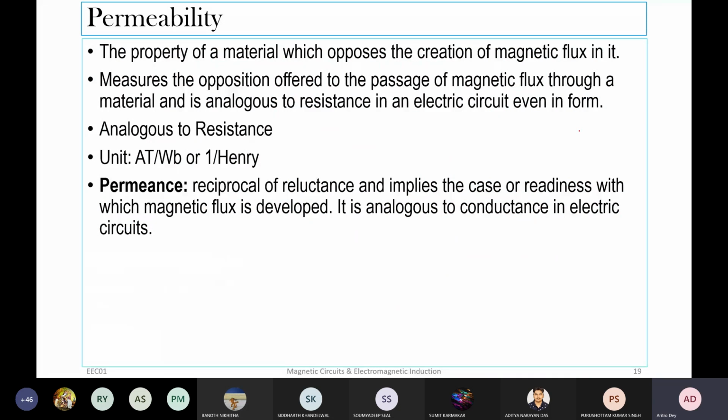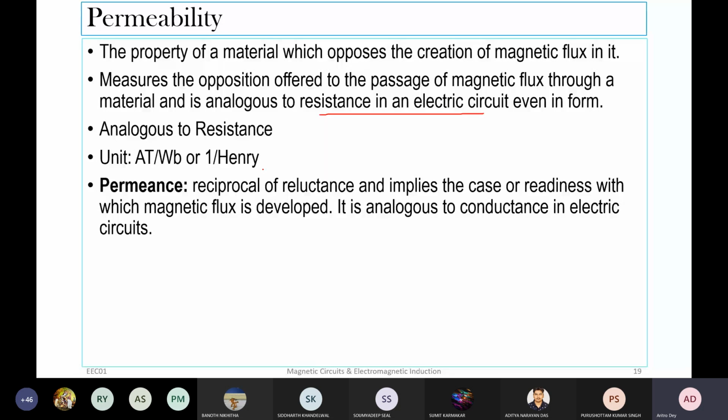It measures the opposition offered to the passage of magnetic flux through a material and is analogous to resistance of the electric circuit, even in form. As shown, it is rho L by A, that kind of form, only in place of resistivity here it is permeability. So it is allowing the flux line to develop. Unit is ampere turn by Weber or 1 by Henry.